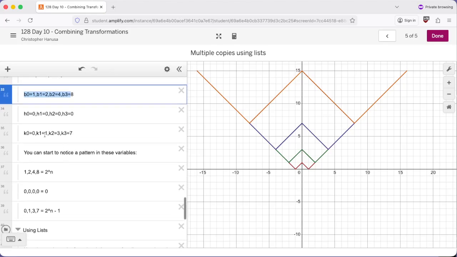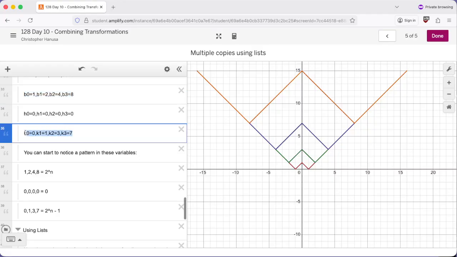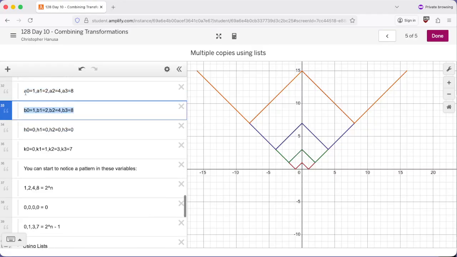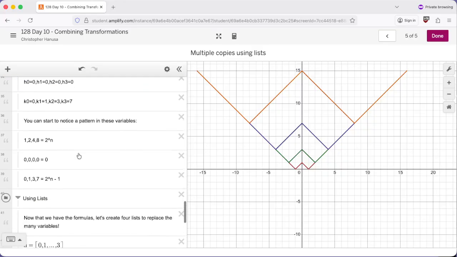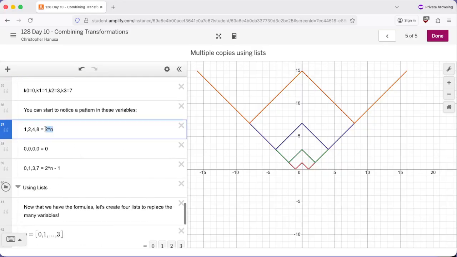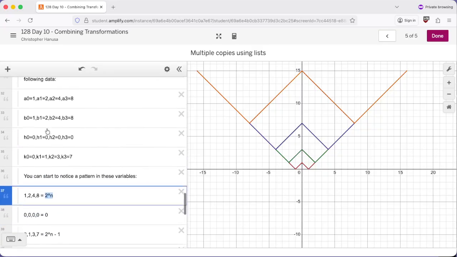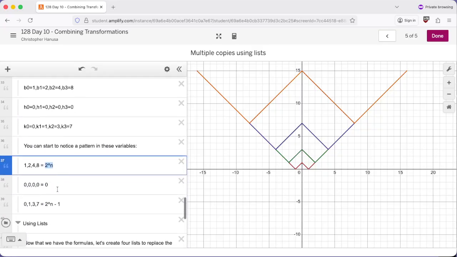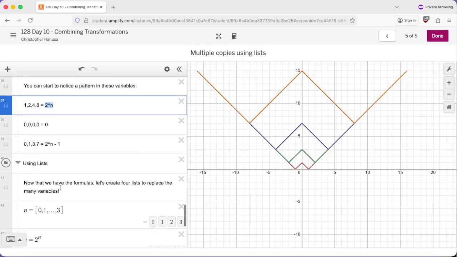And here we have 0, 1, 3, 7, which looks a lot like 1, 2, 4, 8 if we subtracted 1. 1 minus 1 is 0, 2 minus 1 is 1, 4 minus 1 is 3, 8 minus 1 is 7. So that's telling me that the A's have a pattern, the B's have a pattern, the H's have a pattern, and the K's have a pattern.